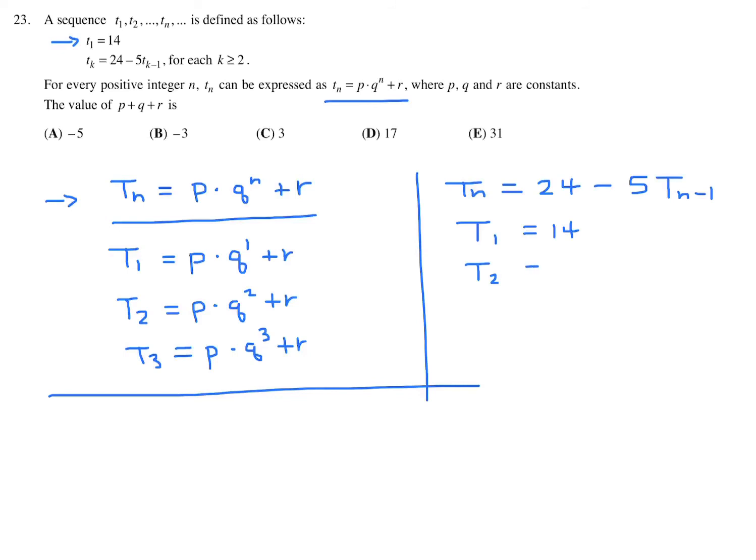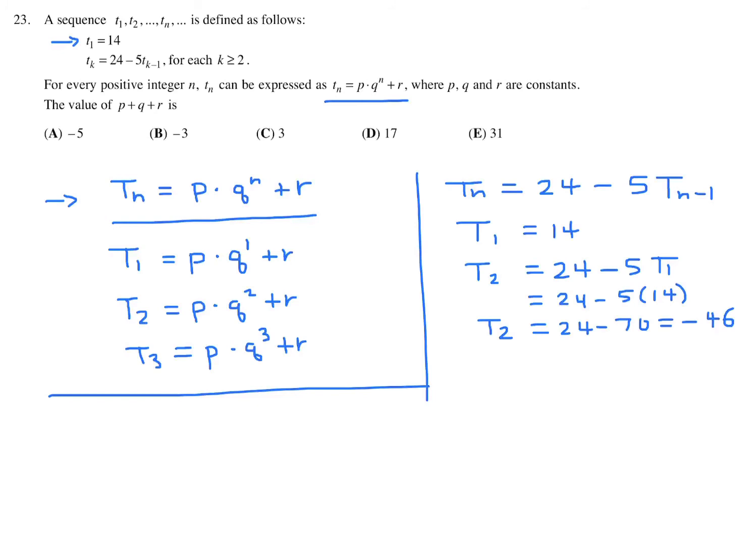So T2 is going to be 24 minus 5 times T1, so 24 minus 5 times 14. Therefore this is 24 minus 70, which is equal to minus 46. All right, that's T2. Now let's figure out T3.